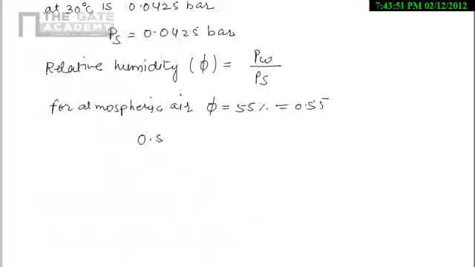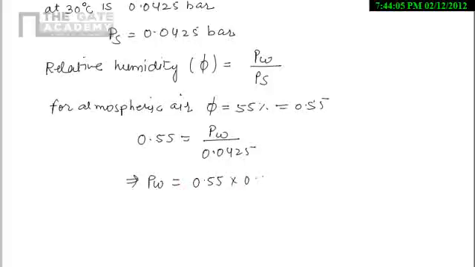So 0.55 equals PW divided by PS, and PS is given, 0.0425. So I can easily calculate PW equals 0.55 into 0.0425, it will come 0.02337 bar. So PW is coming 0.02337 bar. Similarly, we can calculate specific humidity.